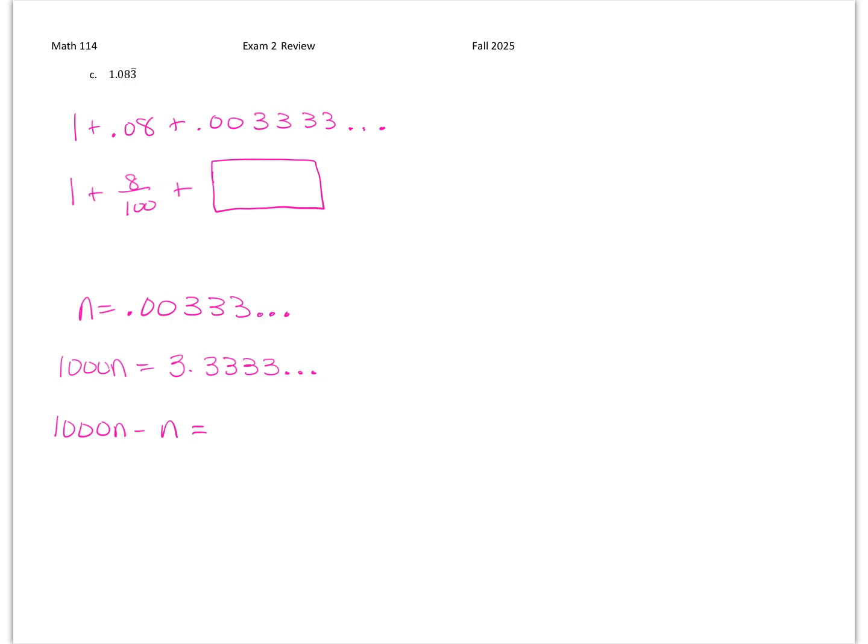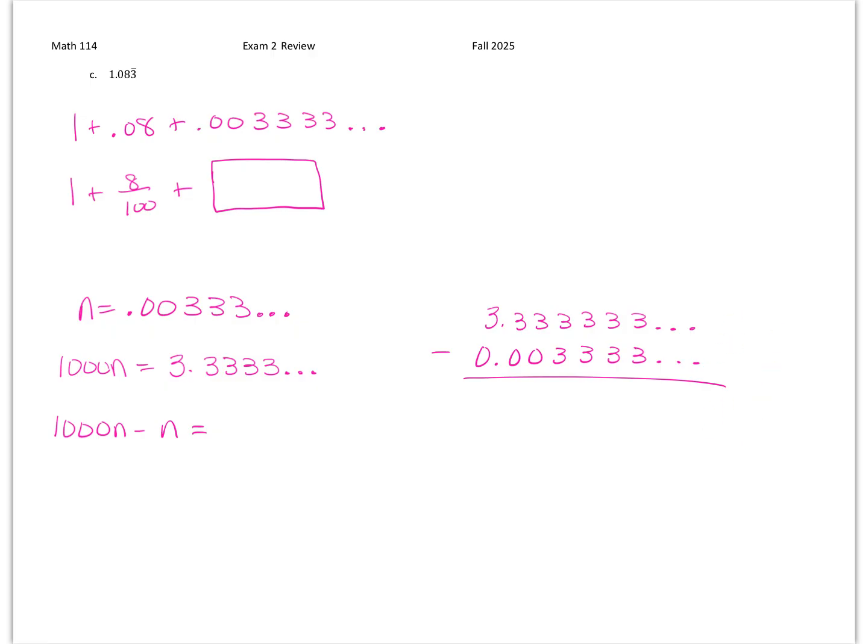So this is tricky, and I'm actually going to write it out. So I have 3.33 repeating minus 0.003333 repeating. Okay, when you do the subtraction, we start all the way on the right, and we're going to get 0, 0, 0, right?